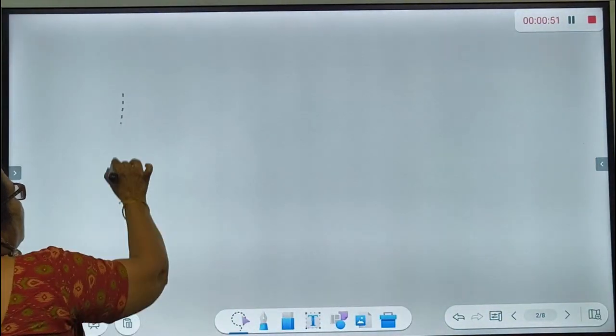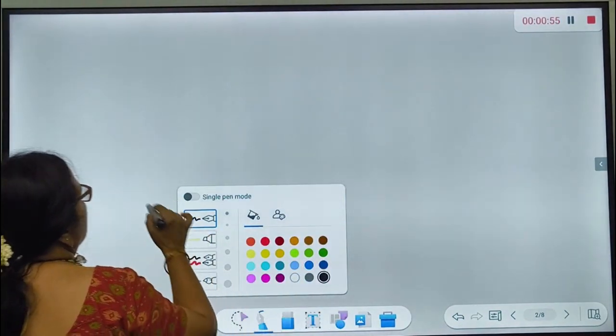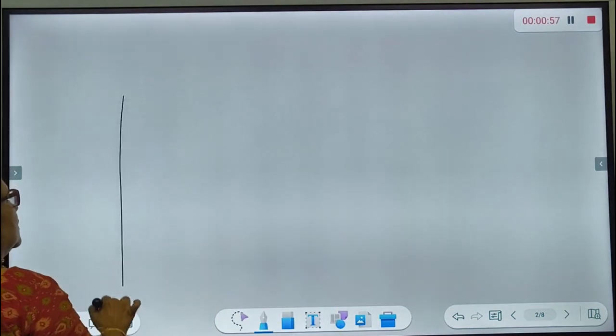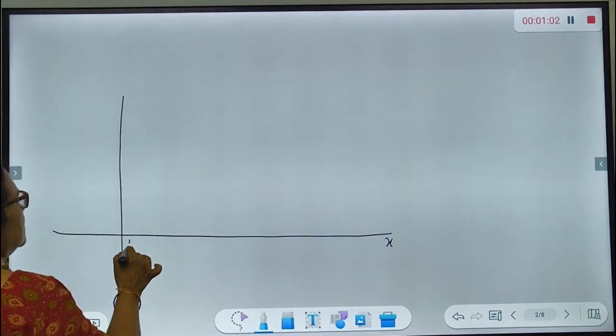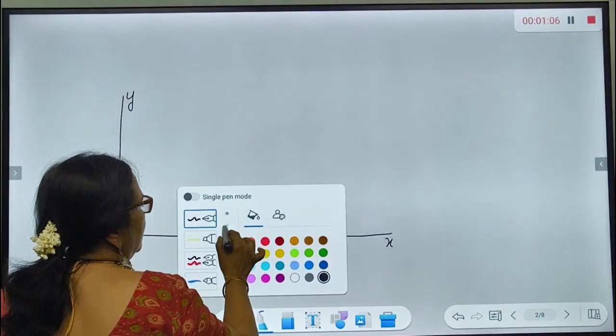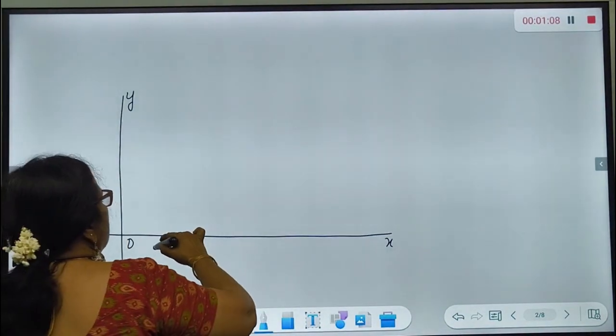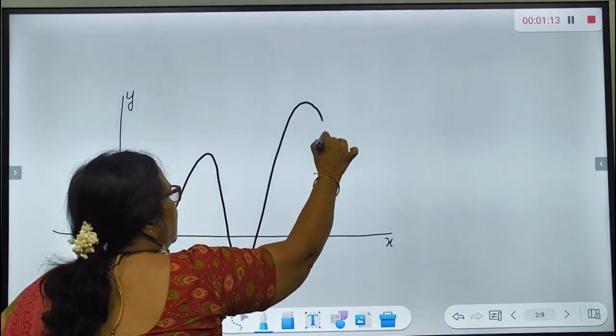See, suppose you have a graph. This is my x and y. See, I can have a graph like this.